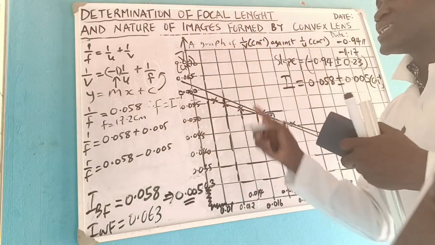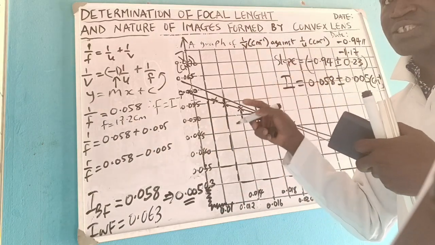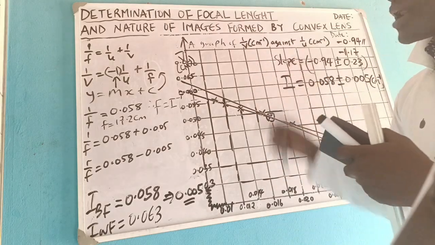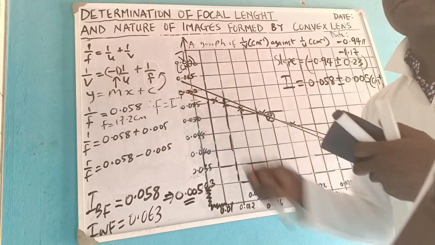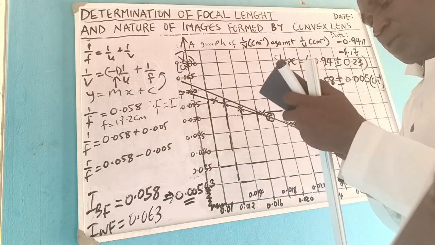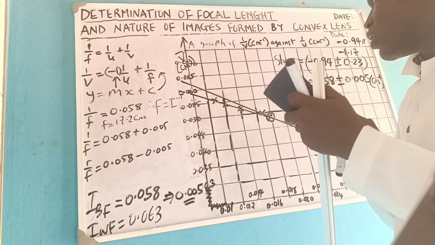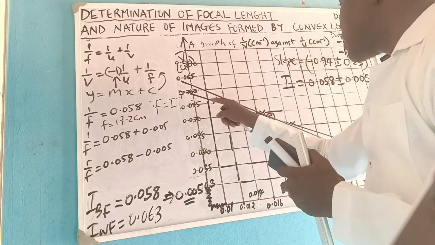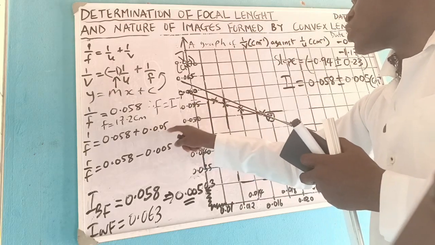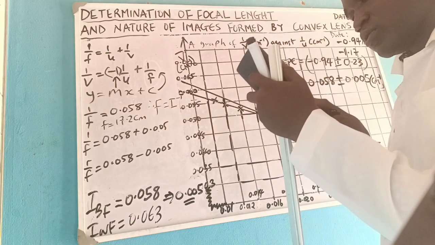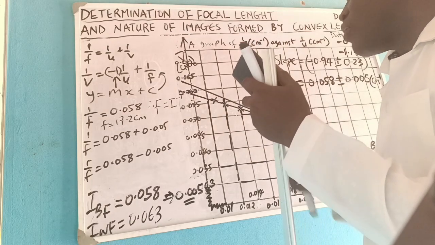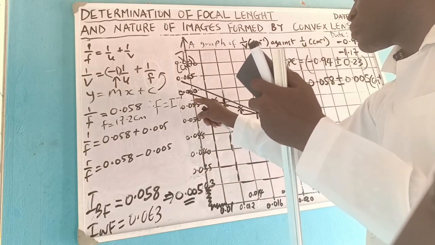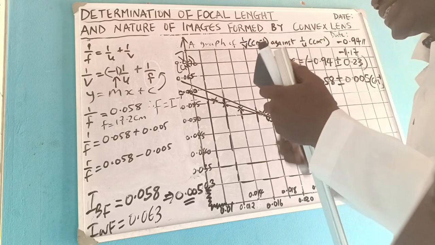But you remember at the start of the video, we said f is 15 cm, right? So errors you encounter during the experiment can make you not get the exact value. Let's check this one. 0.058 plus 0.005 will give you 0.063.